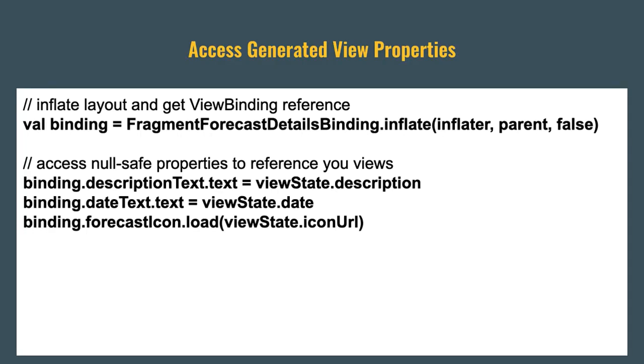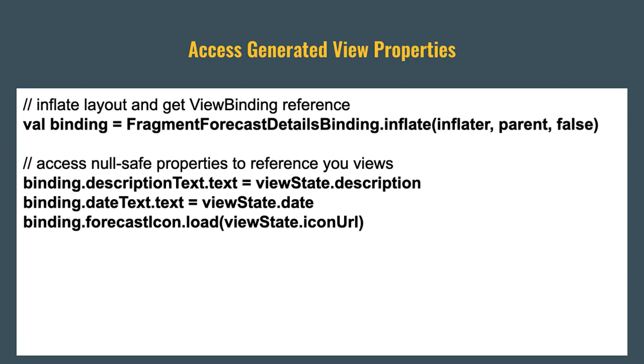Within an activity, or in this case, a fragment, we can get a reference to a binding class for a particular layout. So for our forecast details fragment, for example, we have a layout called fragment_forecast_details.xml. Once we've enabled ViewBinding, that XML gets converted into a binding class that has a very similar name.